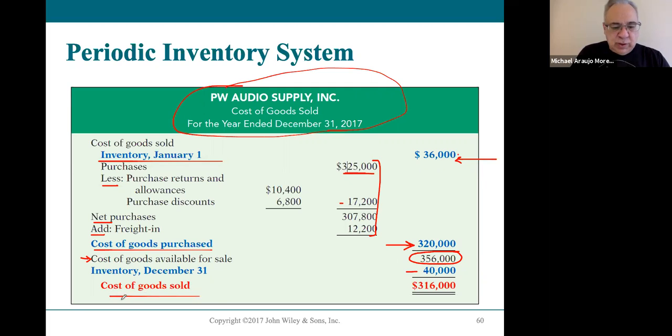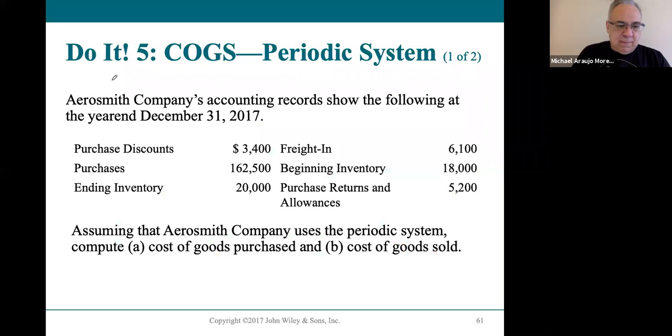What do we assume? We assume we sold the rest, cost of goods sold. So this is what it looks like in a form. Again, this is an important thing to remember, and that's your learning objective 5. Calculating the cost of goods sold using the periodic system. So here you have the accounting records for Aerosmith, right?